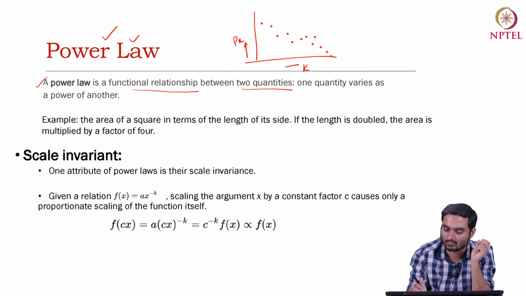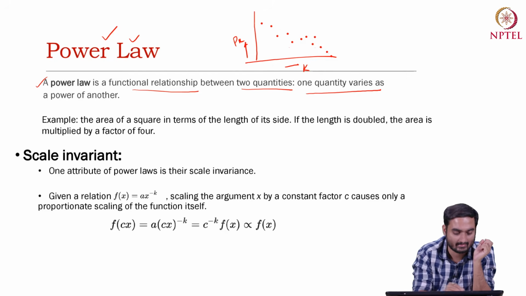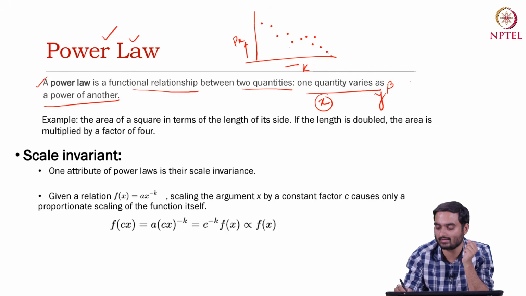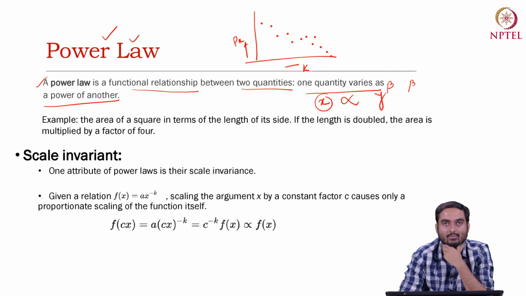The relation is that one quantity varies as the power of another. Say one quantity is x, another is y. So x will vary as the power of y. The power meaning, say x to the power beta, where beta is a constant. This is called power law.